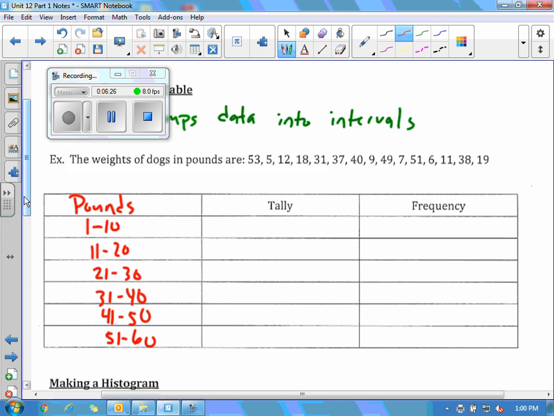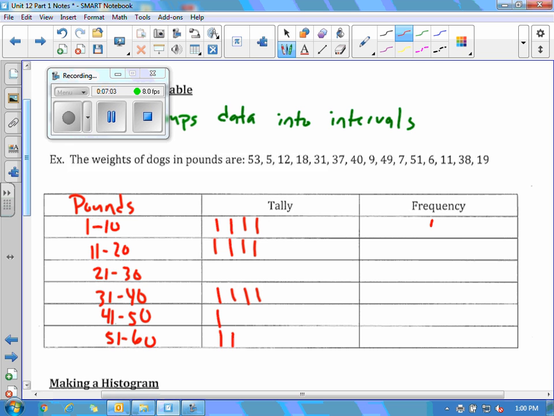So I have 53, so I put a tally mark for 51 to 60. 5, 12, 18, 31, 37, 40, 9, 49, 7, 51, 6, 11, 38, and 19. So I put tally marks as I go through them, and then I count the frequency.